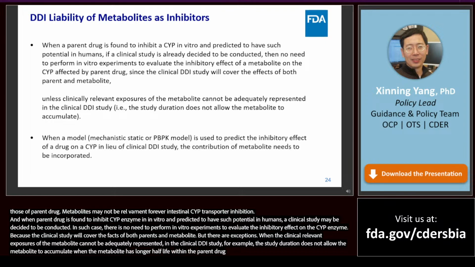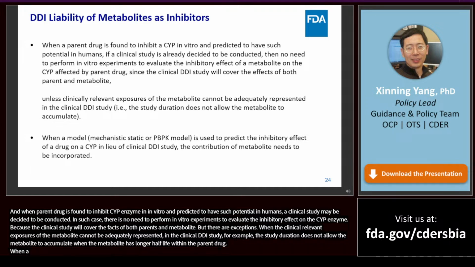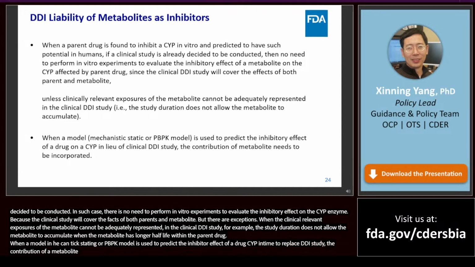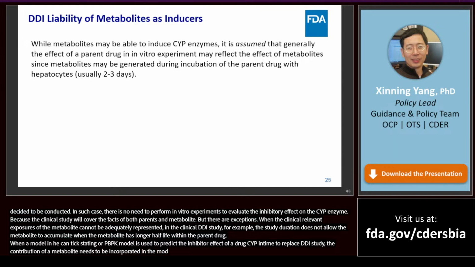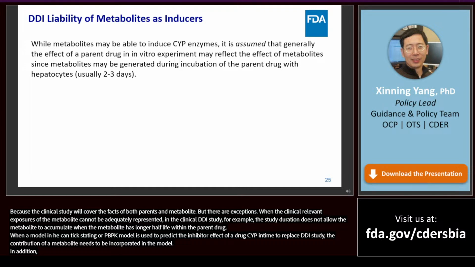However, when a model, either mechanistic or PPK model, is used to predict the inhibitory effect of a drug on a CYP enzyme to replace a clinical DDI study, the contribution of a metabolite needs to be incorporated in the model. In addition, a metabolite may also act as an inducer of a CYP enzyme.